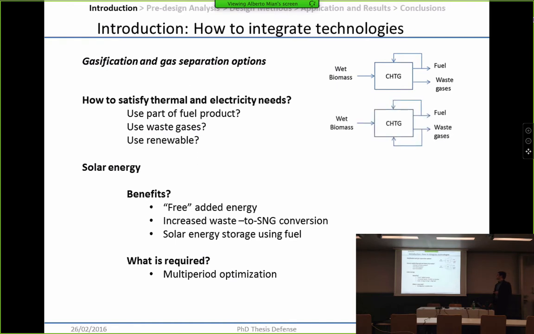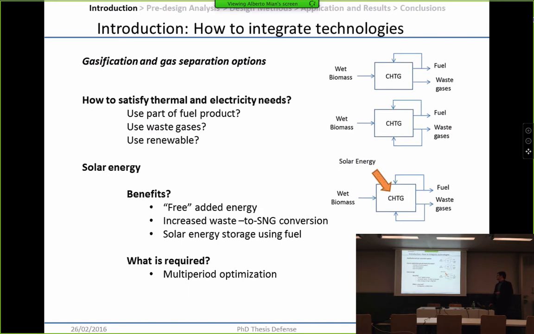Alternatively, it would be possible to convert fuel and gases into heat, but of course, combustion will reduce the waste to fuel conversion. So in this context, solar energy can play an important role because we should substitute this amount of fuel with this amount of solar energy, and this would allow to increase the waste to fuel efficiency.